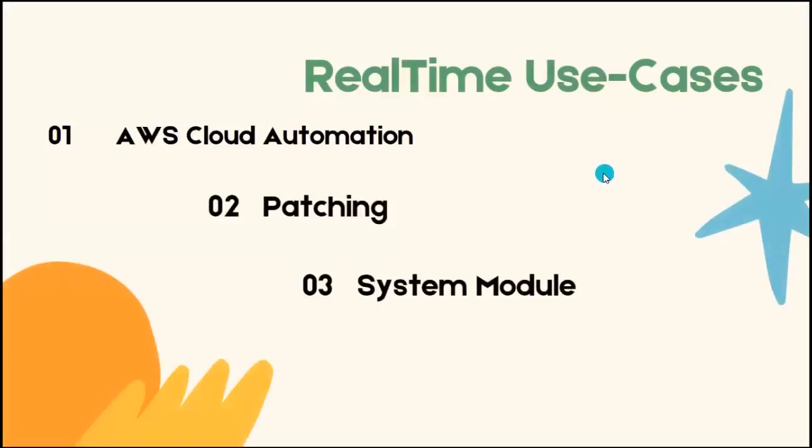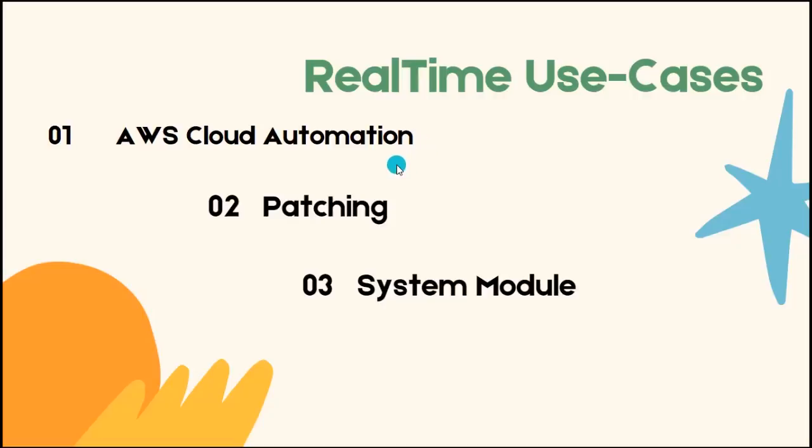And real-time use cases. Remember, this program we started from fresher to level 2. Till level 2, I have listed down a couple of use cases. If you think there are use cases not listed here, feel free to submit them, so that during the Ansible deep dive session, we'll include them in the deep dive training.